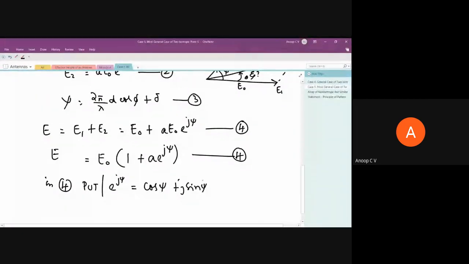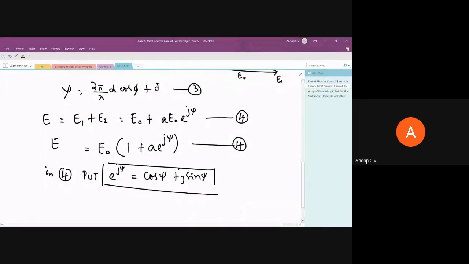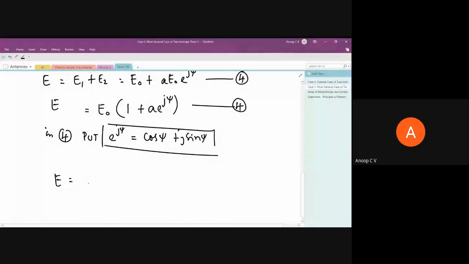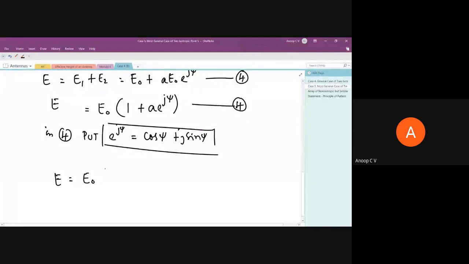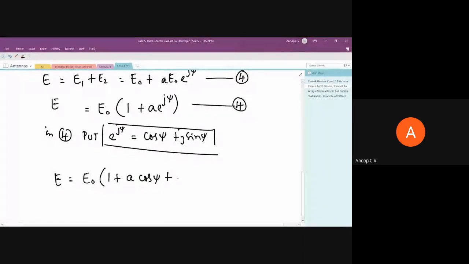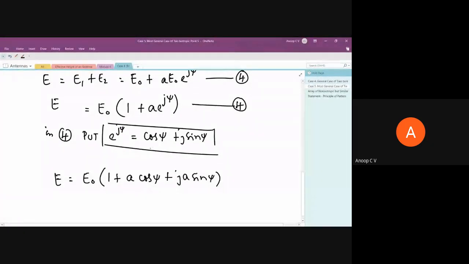I can expand e power j psi as cos psi plus j sin psi. That's what I'm going to put in equation number 4. So E will be equal to E0 into 1 plus A times cos psi plus j times A sin psi.